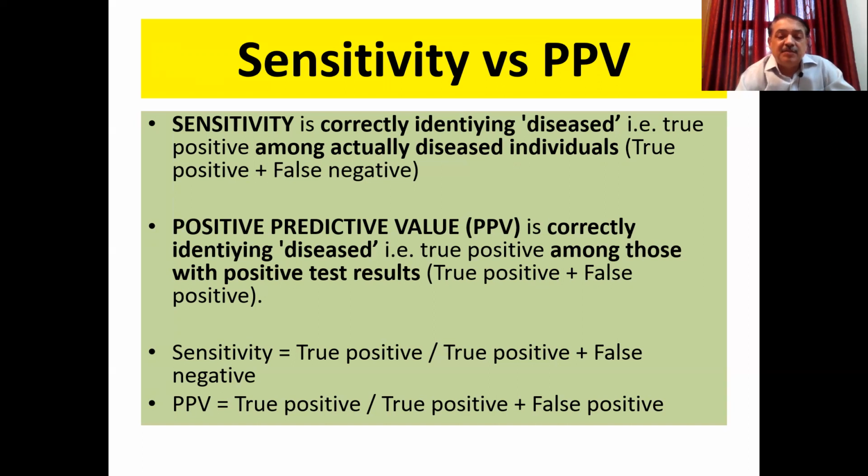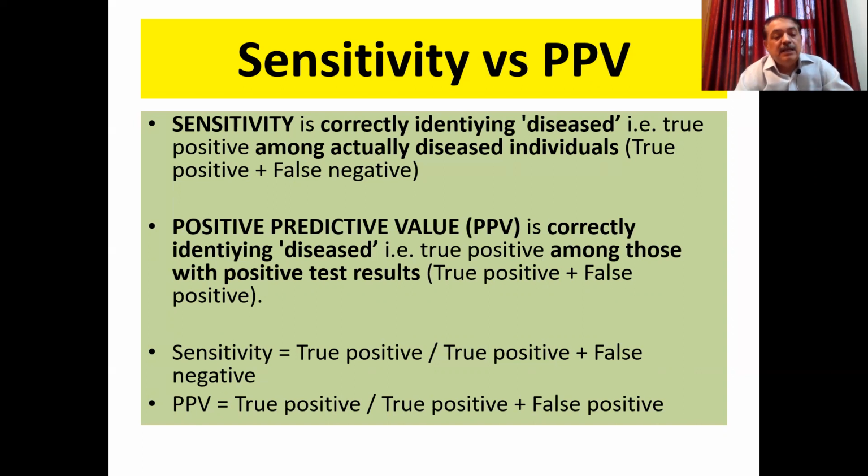But in positive predictive value, we are concerned about all positively tested people. So correctly identifying disease, that is true positive, among those with positive test results, whether it is true positive or false positive.